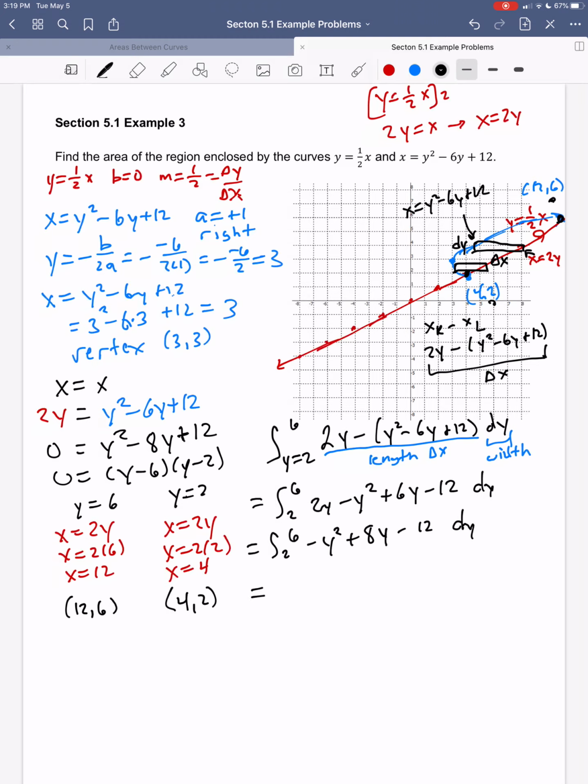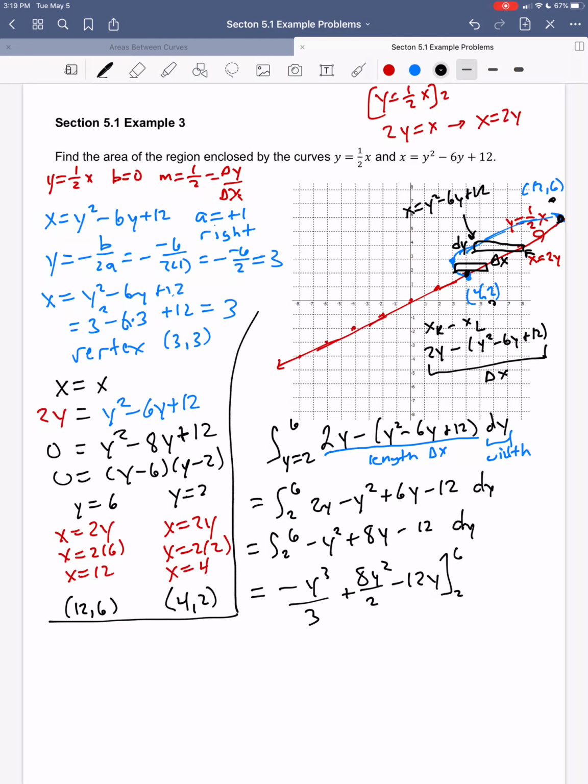So negative y to the third over 3 plus 8y squared over 2 minus 12y, evaluated from 2 to 6. Remember to take the antiderivative, I increase the exponent by 1 and then divide by that new exponent. So I plug in 6.